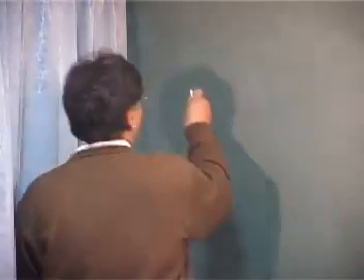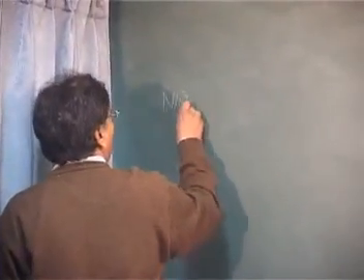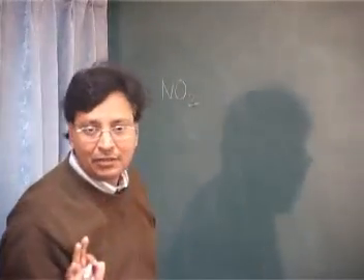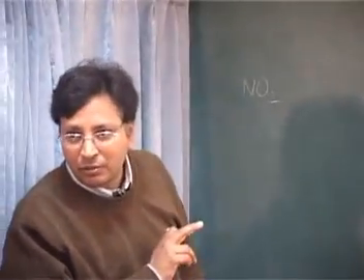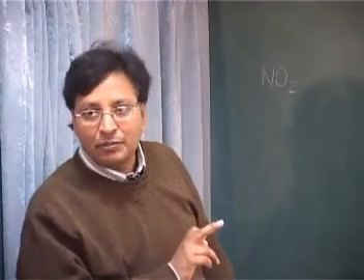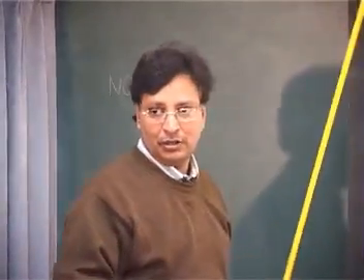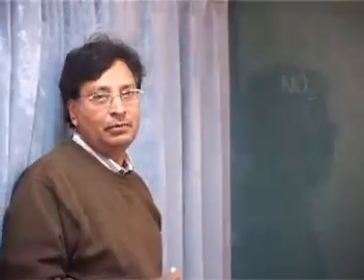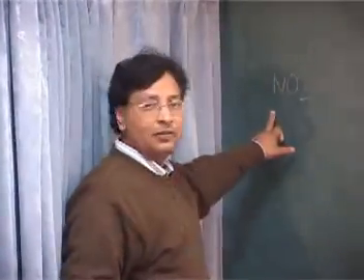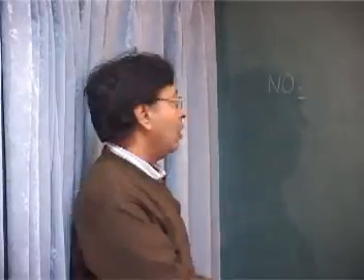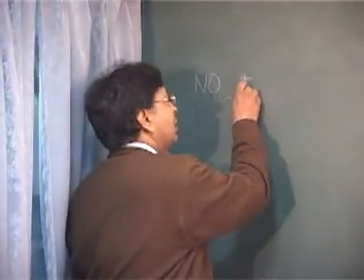We started, NO was less. How much was the NO2 and how much is NO? NO2 is much higher, 0.1, and this is only 0.01. Pay attention, because this will require some attention. So I have lots of excess of NO2. What will happen quickly, within seconds?